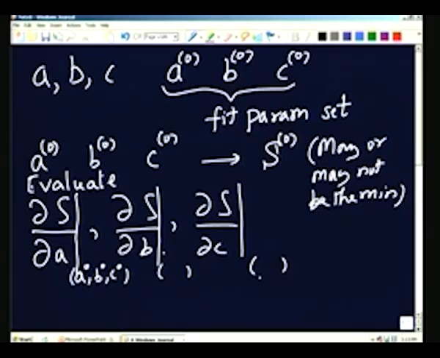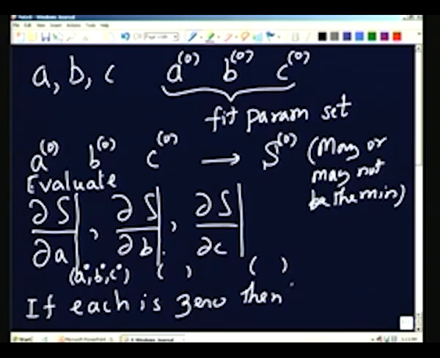So, I am evaluating the derivatives with respect to A, with respect to B and with respect to C. If each is 0 independently, then it is a minimum. That means I have to verify at each stage what is the value of the partial derivatives.